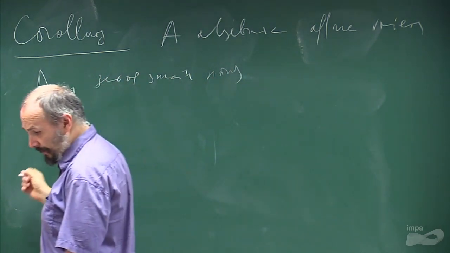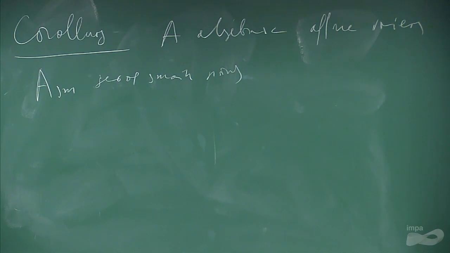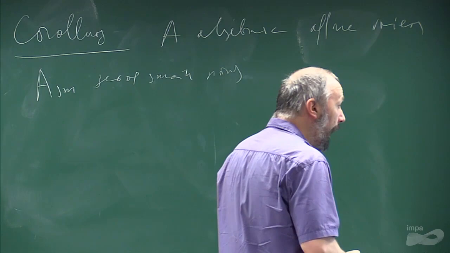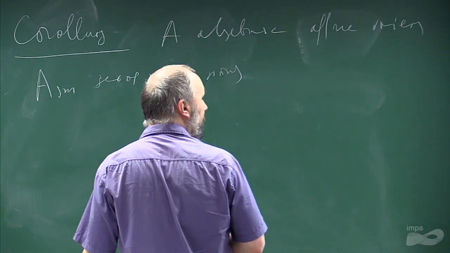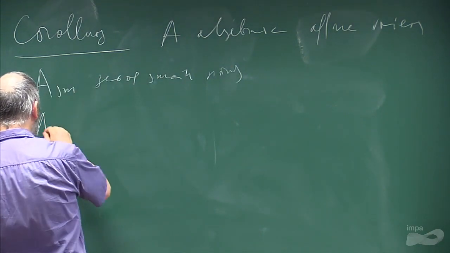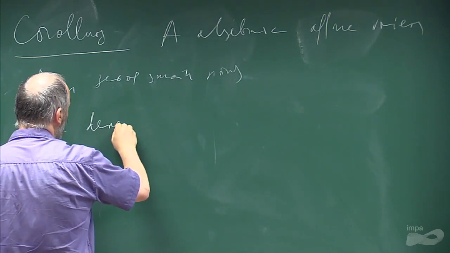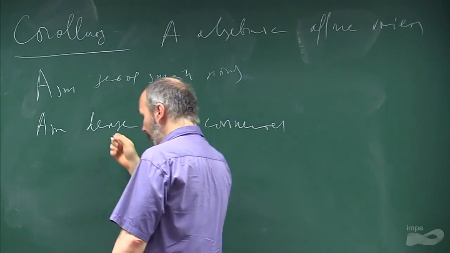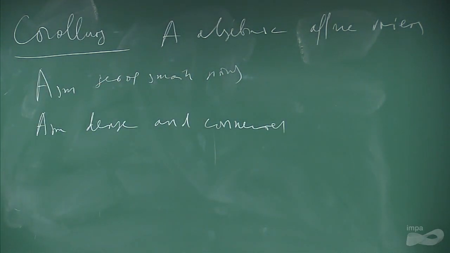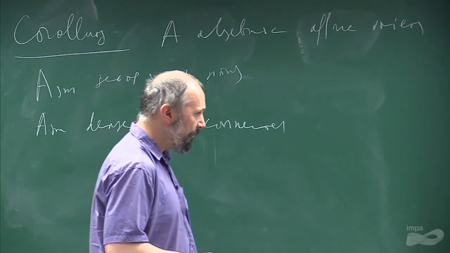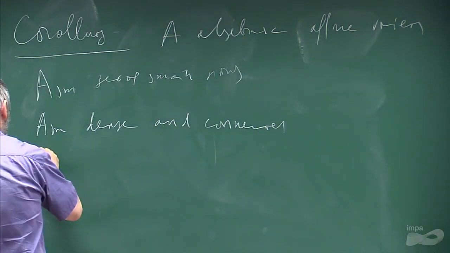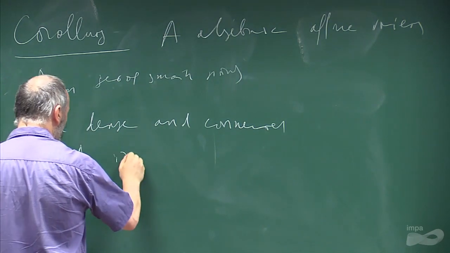I didn't prove that it is actually the complement of an algebraic subset, but it is true. Suppose that A smooth is dense and connected. It's always dense, but I'm not proving that. It's sort of hard. It's not even true over characteristic p, so it's a complicated notion. Then A is irreducible.